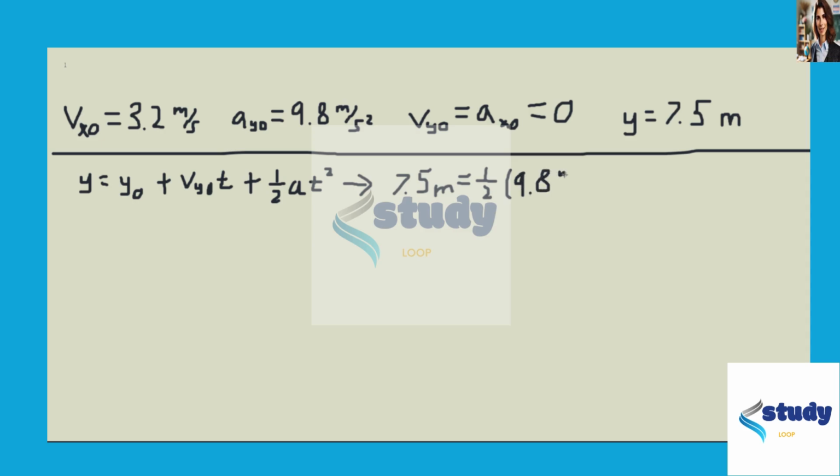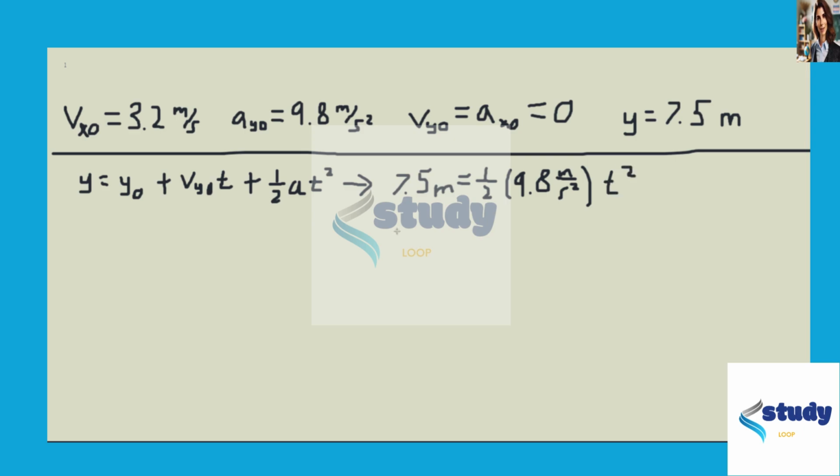The first two terms are 0, so we only have to care about the last term. So it's 1/2, and then 9.8 meters per second squared, because it's acceleration, multiplied by the time that the tiger is going to be in the air, squared.